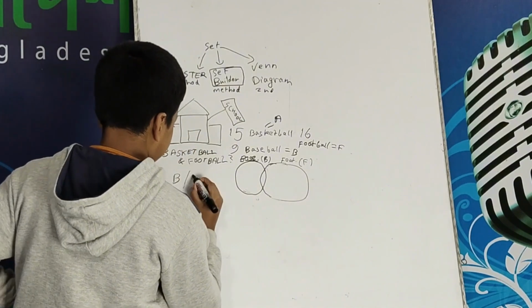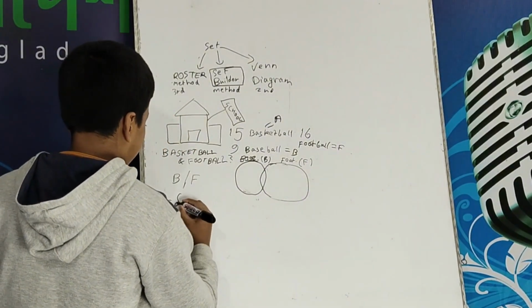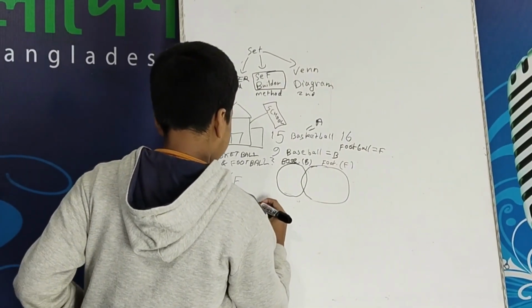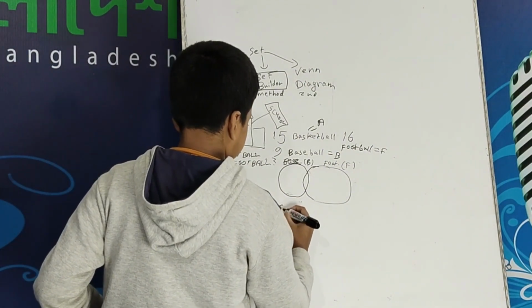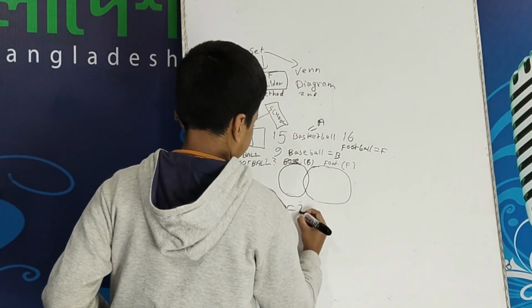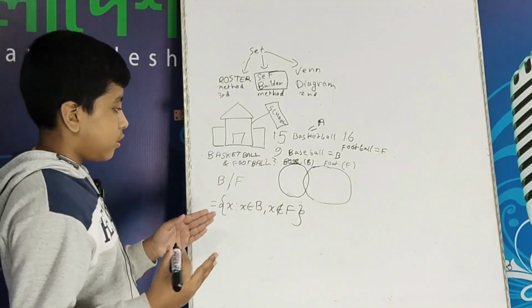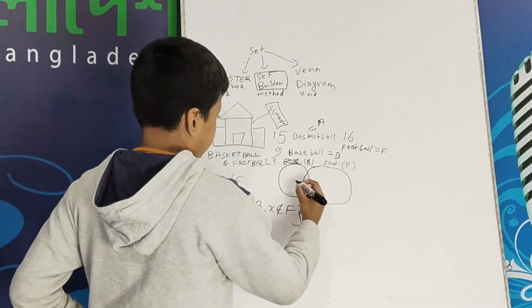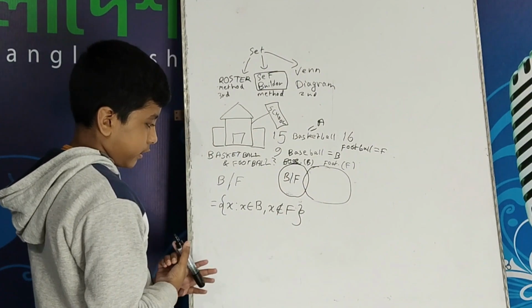B\F equals x, where x does belong in B, but does not belong to F. Okay, this is the definition. So here it's just B\F.